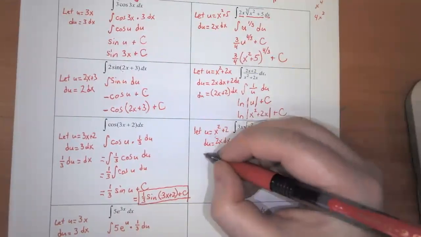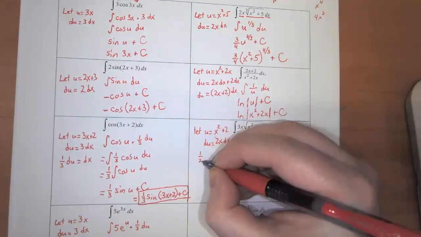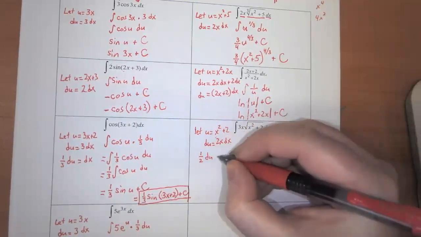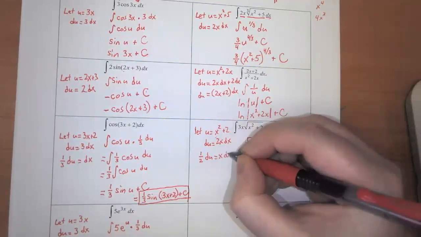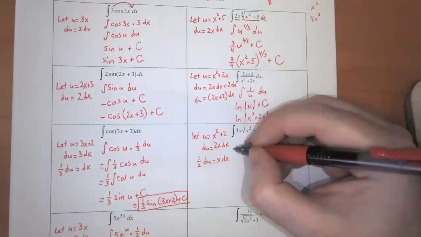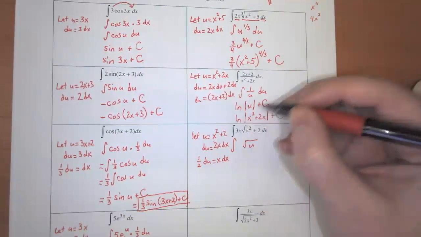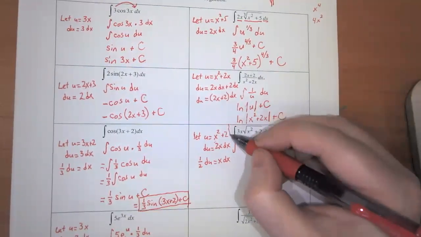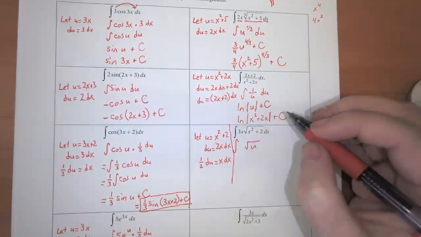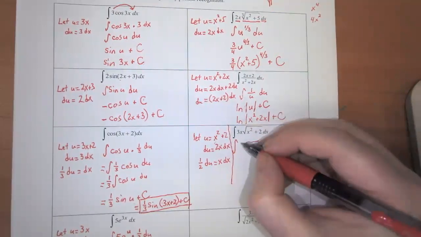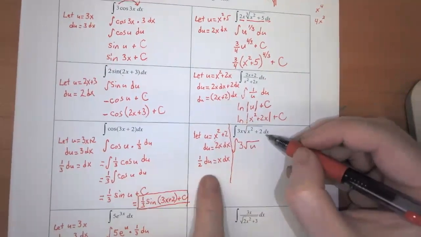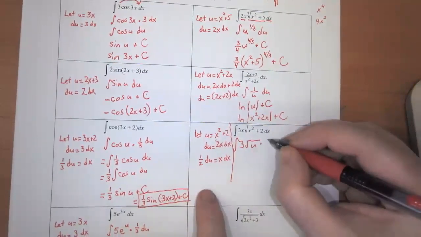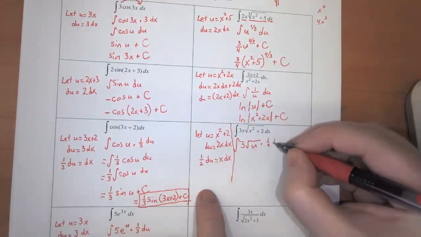So I'm going to divide both sides of this equation by 2. That gives me 1/2 of du is equal to x dx. And now what do I have after I do all of this substituting in over here? I've still got my 3, and the x times dx is going to be replaced by 1/2 du.